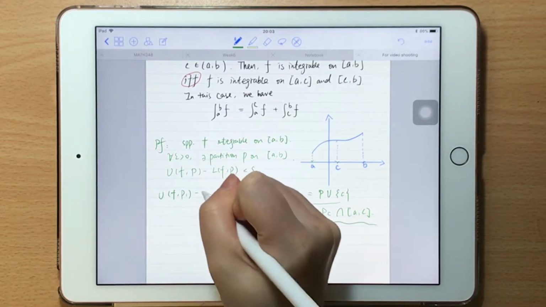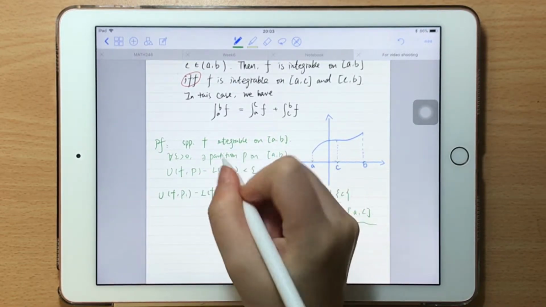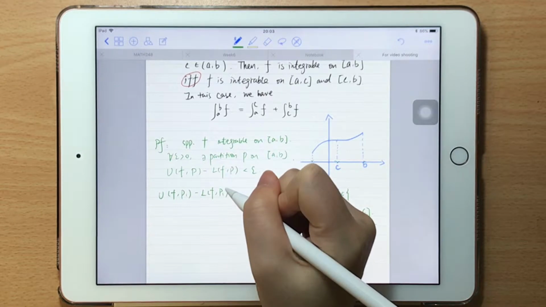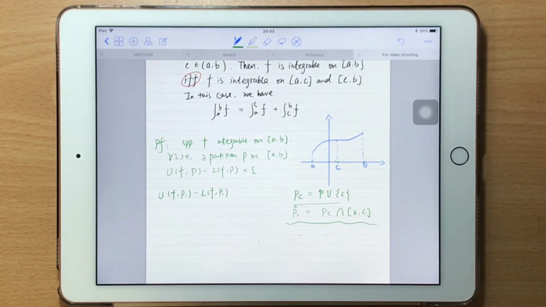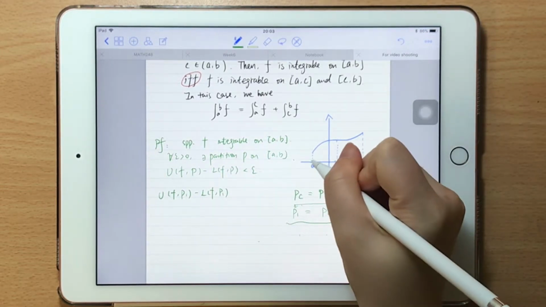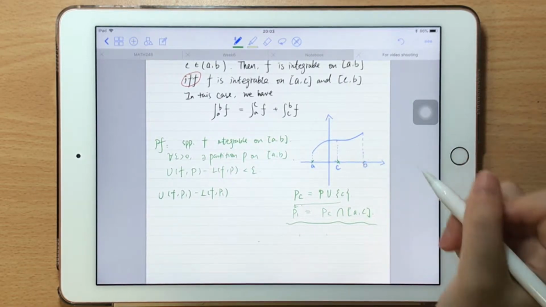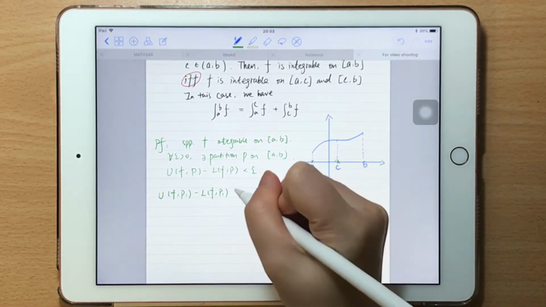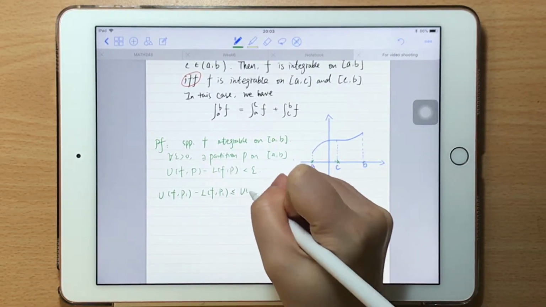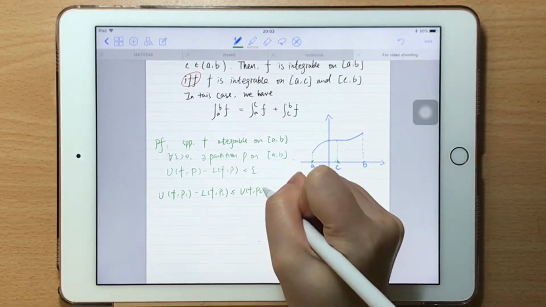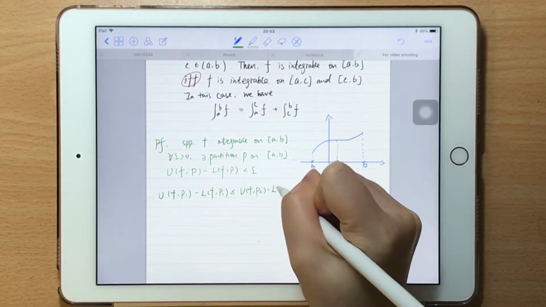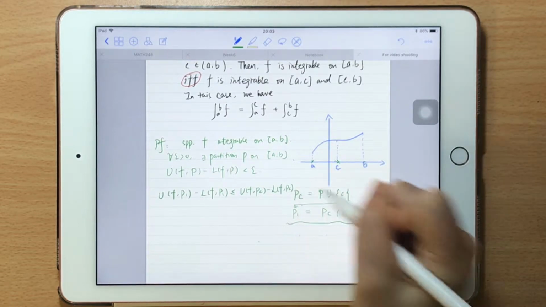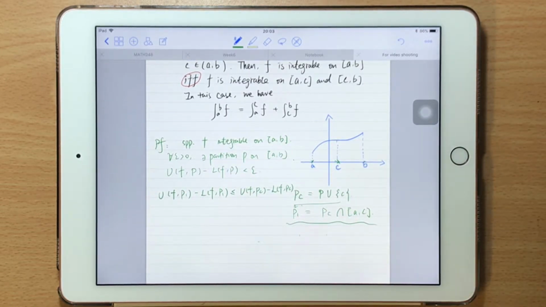Now after we take this partition, we will have U(f,P1) minus L(f,P1), the upper and lower sum of f on [a,c], which will be smaller than U(f,P_c) minus L(f,P_c), because P1 is a subset of P_c.